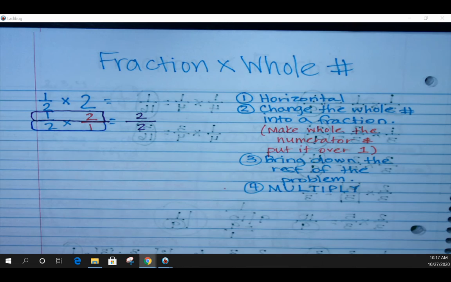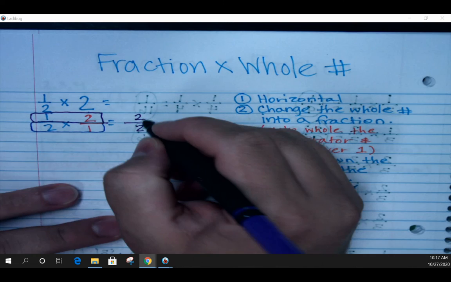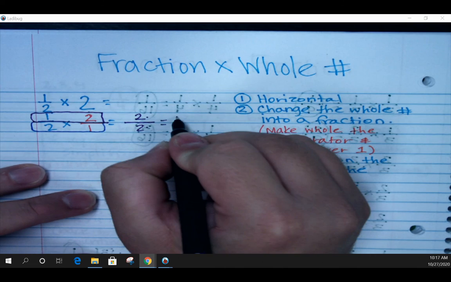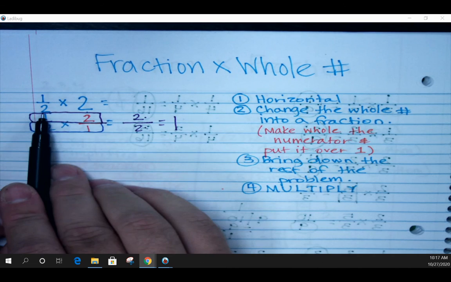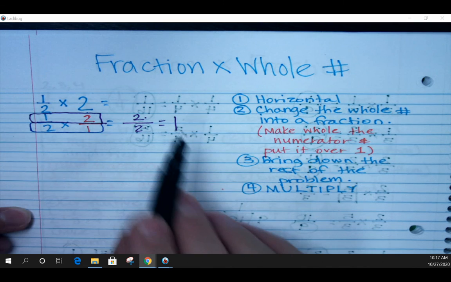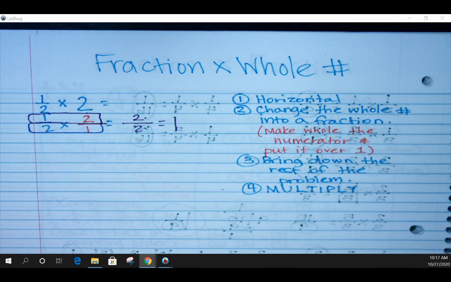Or we could also say 2 divided by 2 is 1. So a half of 2 is 1. And we know that. If I gave you 2 cookies and I said, what's a half of 2 cookies? It would be 1 cookie. Right?